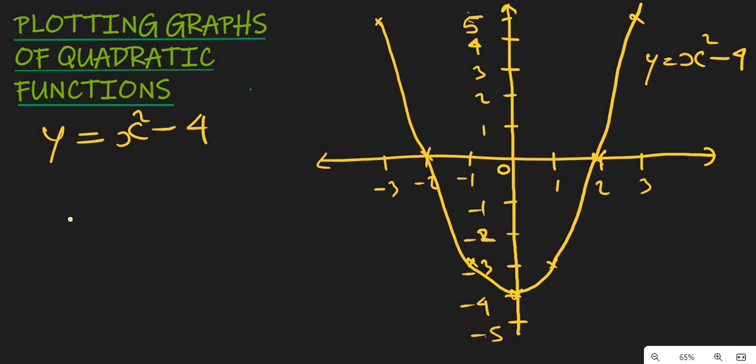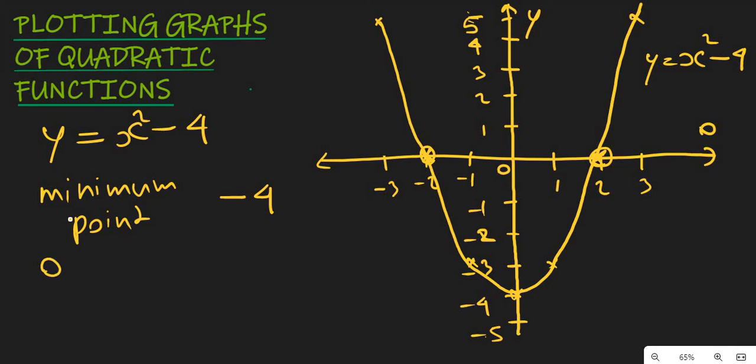Now, as per the information, our minimum point is minus 4. When x equals 0, y is minus 4. And the solutions for the function are given by the points where the graph cuts the x-axis. That is, when y is 0, what is the value of x?